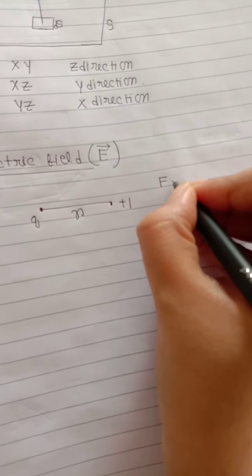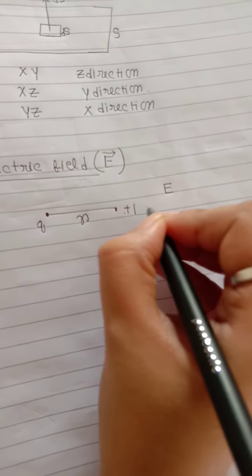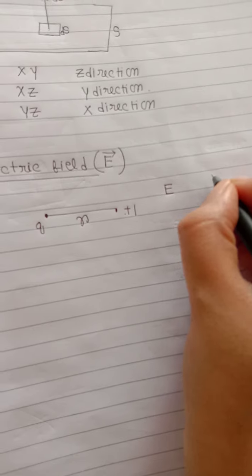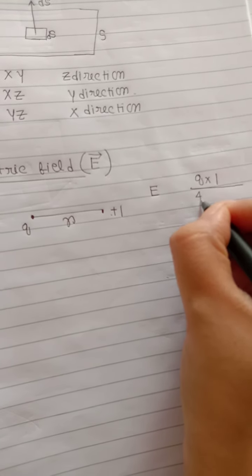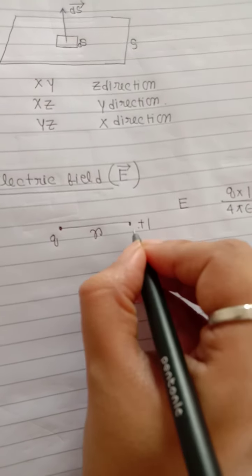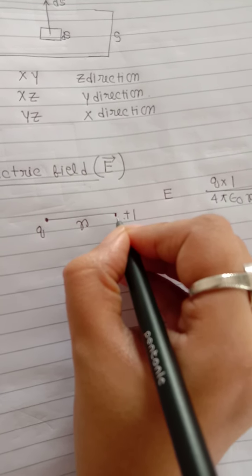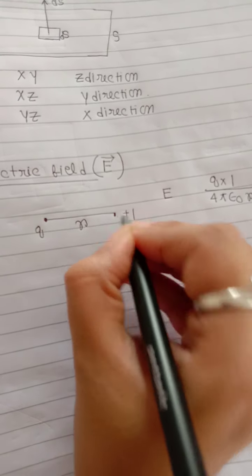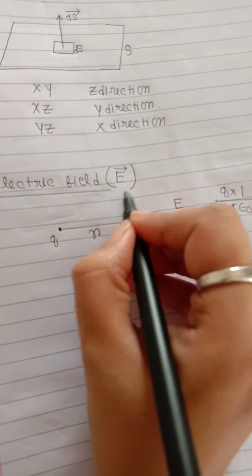Q into 1 divided by 4 pi epsilon 0 r square. The force experienced by a unit positive charge at any point in the electric field is called what? Electric field strength, which is denoted by E vector.